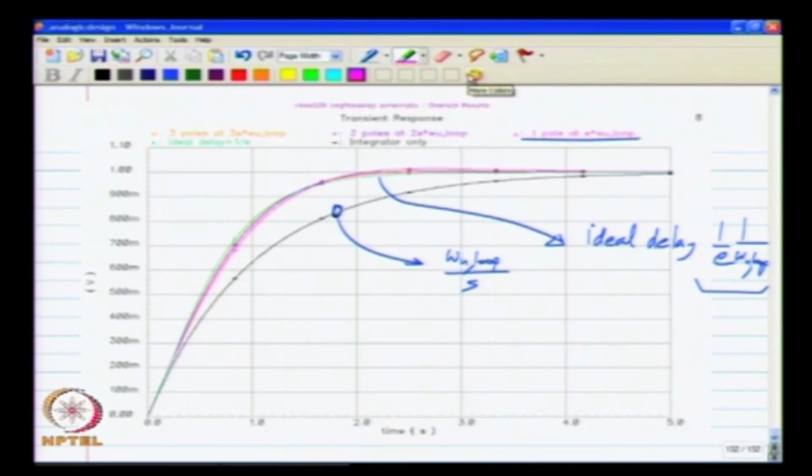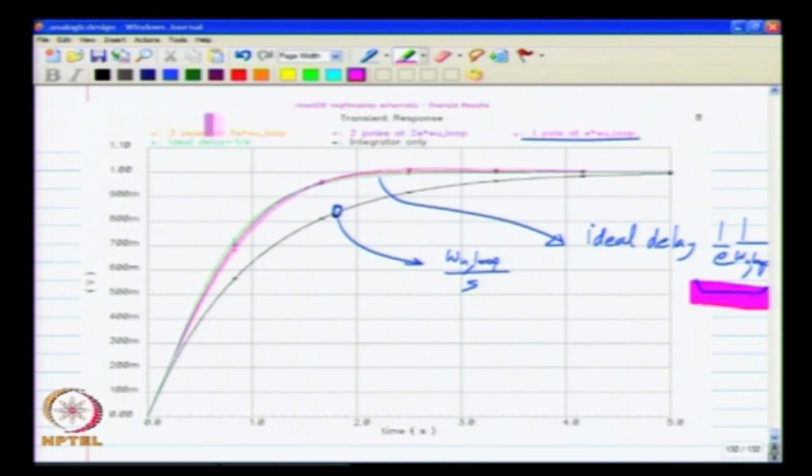As you go to higher order systems, when you have 2 poles at 2E times omega u loop, each one corresponds to a delay of 1 over 2E times 1 over omega u loop. So, the two of them combined form a delay of 1 over E times 1 over omega u loop, again the same value as this. So, the response is quite close to the green curve, which is with the ideal delay.